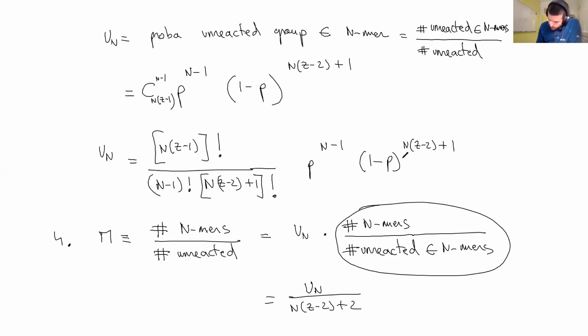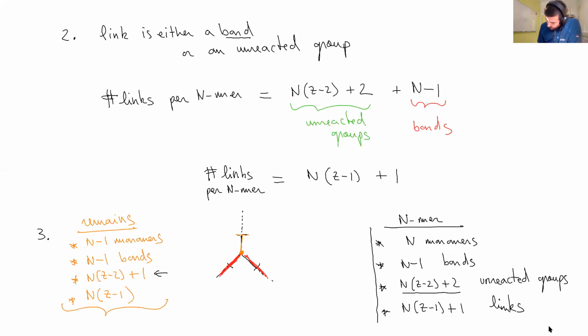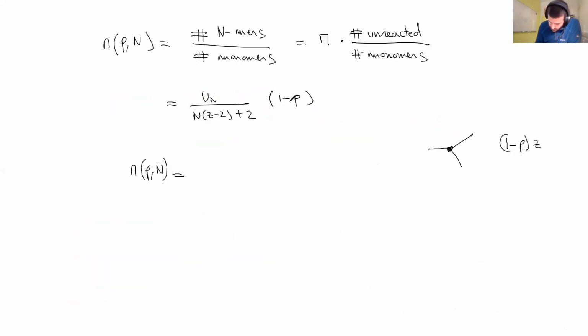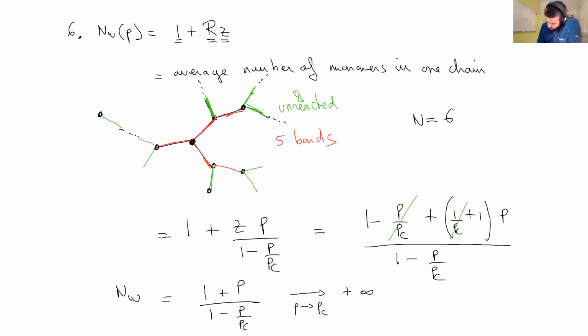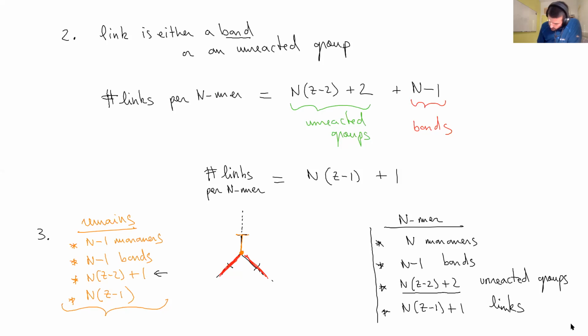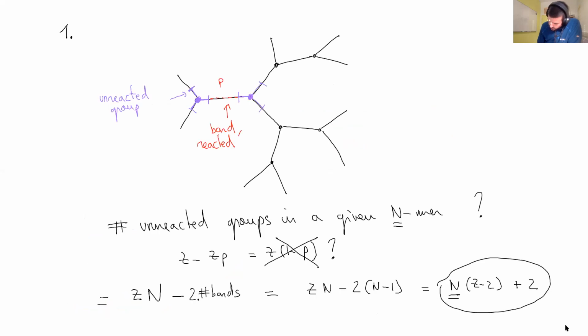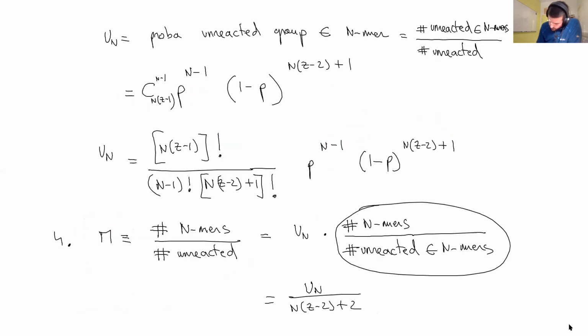So there is 1 minus P, which has an extra guy due to itself. 1 minus P and nz minus 2 plus 2. P is unchanged. Sorry, there's a z here missing due to this guy. So there's a z as well. So P was P^(n-1). All right. What else do we have?